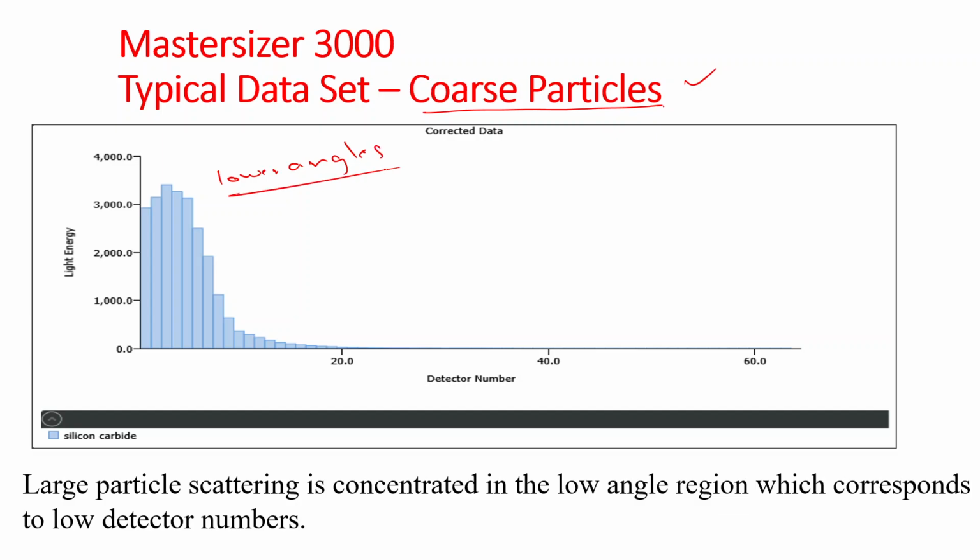That is, the lower detectors will detect the scattered light at lower angles with greater intensity. So this is the intensity distribution.